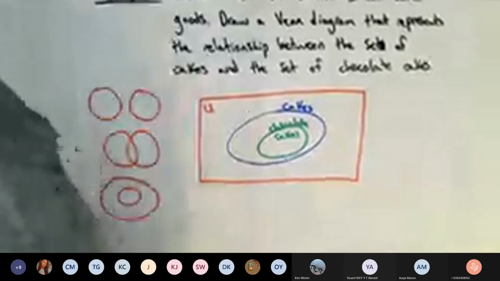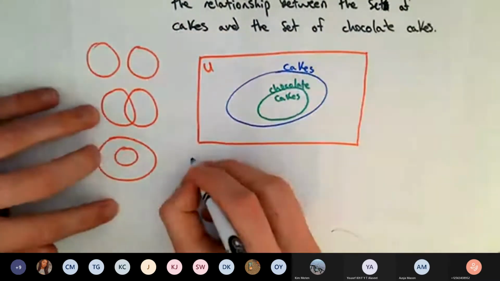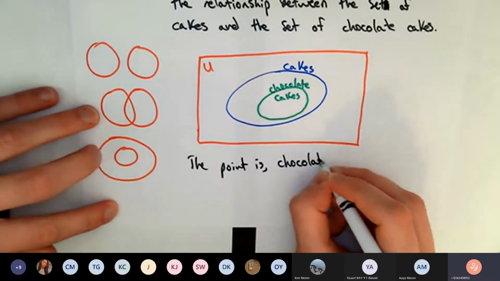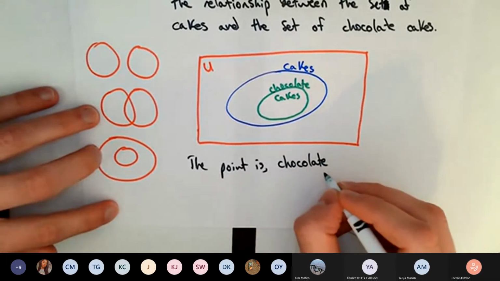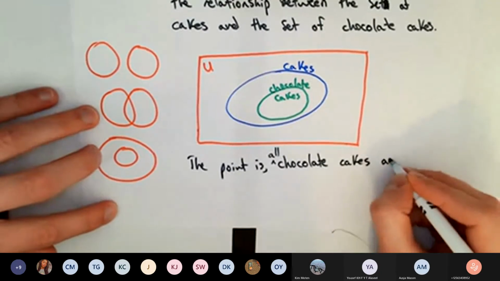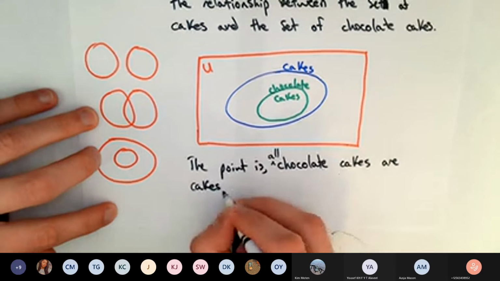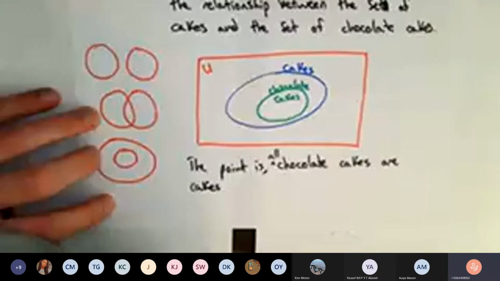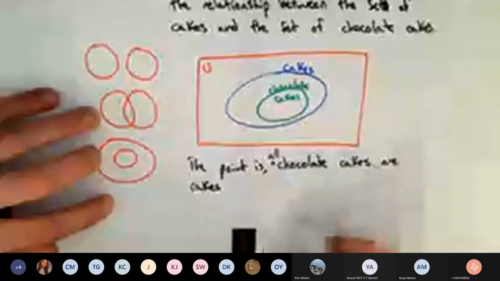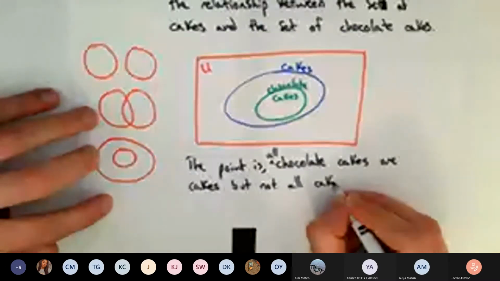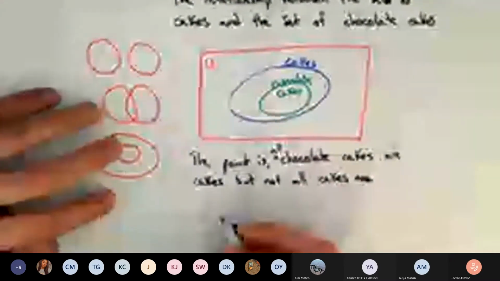Okay, let me make the point here. The point is all chocolate cakes are cakes, but not all cakes are chocolate cakes.